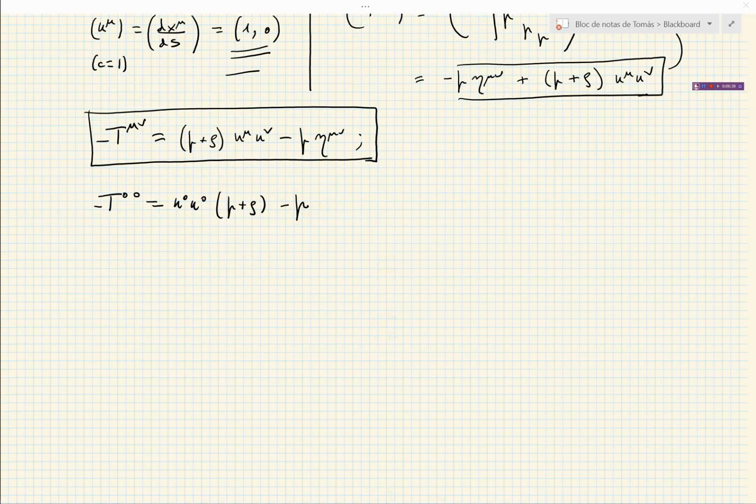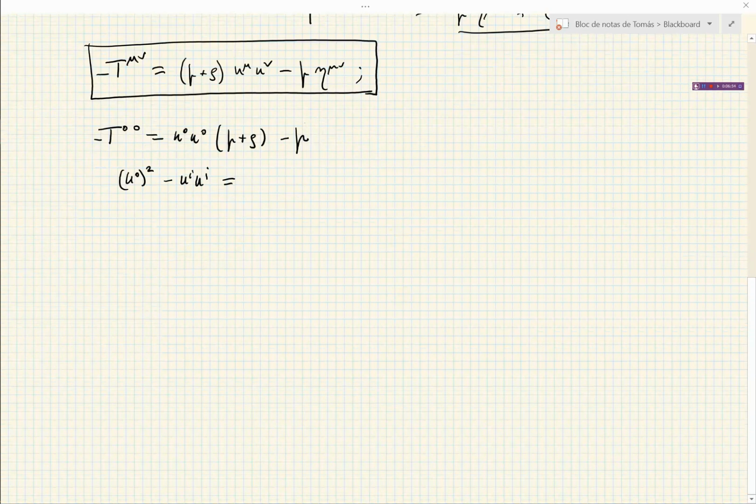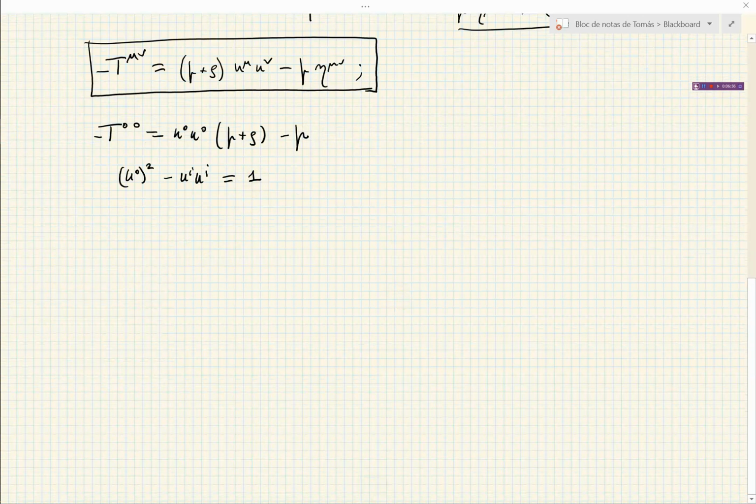Now I need to use a result. As you know, the square of the four-velocity, or the value of the four-velocity, is just 1 by definition.